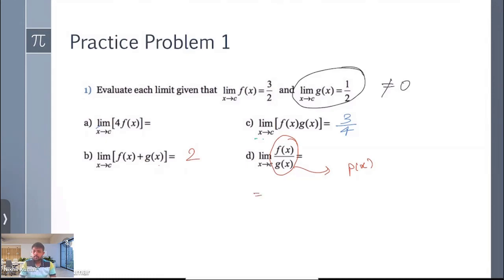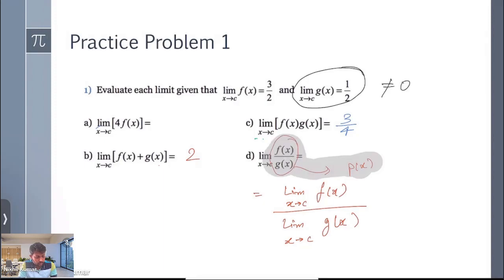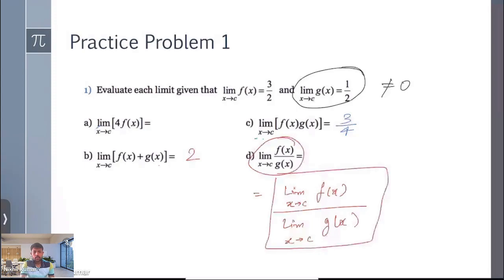Use the property, the third property, which was limit x tending to c f of x upon limit x tending to c g of x. So using the property, I can write this. Let me remove the unnecessary markings here. Okay. So this thing can be written as this thing using the property.